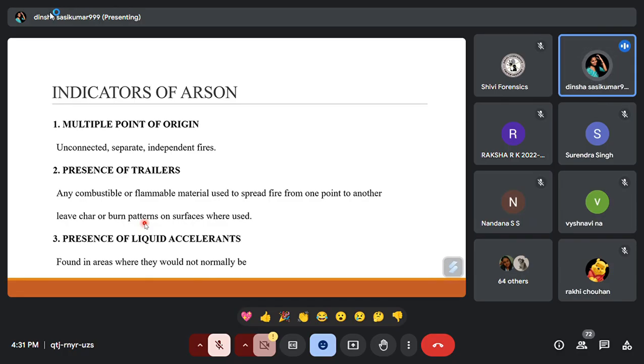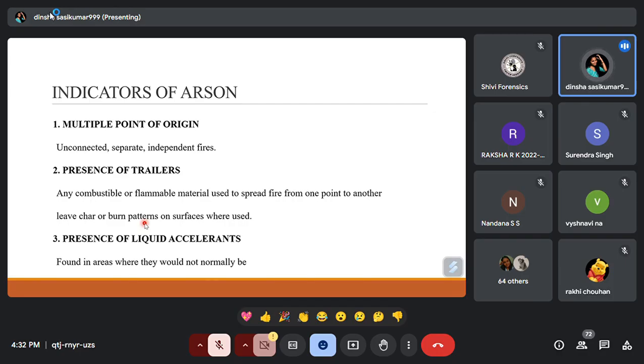If these substances are used, they will leave char patterns or burn patterns on the surfaces where they are used. Actually, there are two types of trailers, class A and class B, which I haven't mentioned in the PPT. Class A are solid combustible materials, like newspapers, candles, clothes.